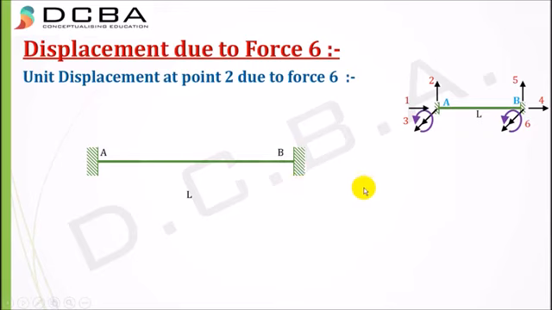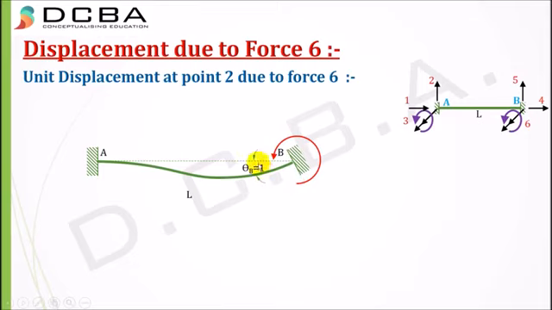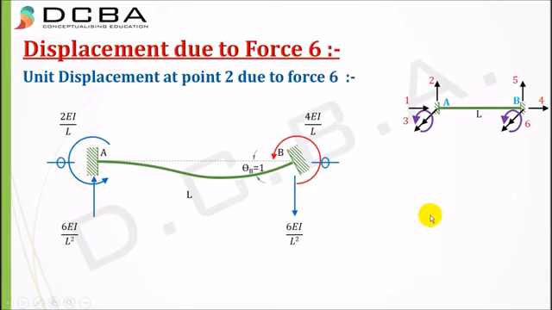Again, my force 6 is the moment, anticlockwise moment, and it is going to rotate my beam like this. Unit rotation formed here, that is theta B equal to 1, and the reactions formed due to this are 2EI/L anticlockwise, 6EI/L² downwards here, and 6EI/L² upwards, and no actual forces.